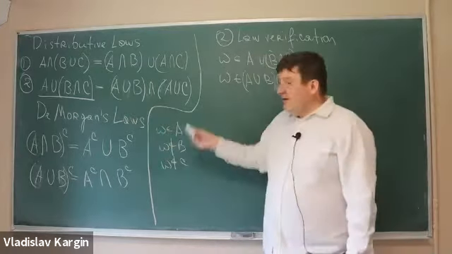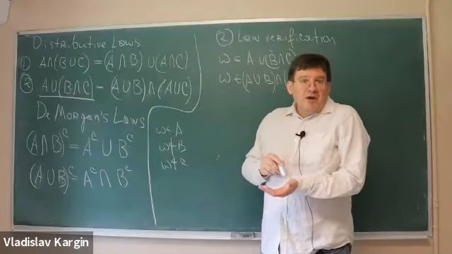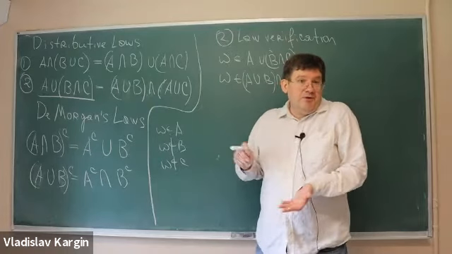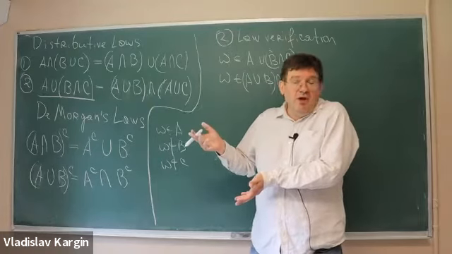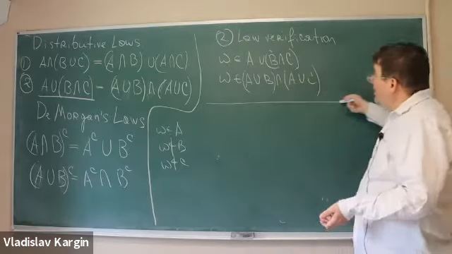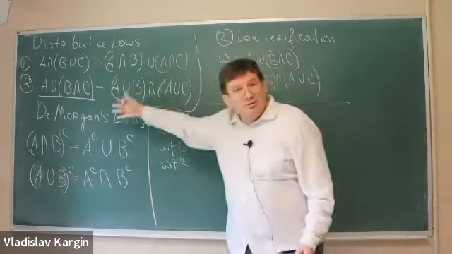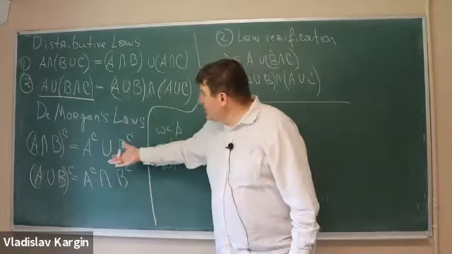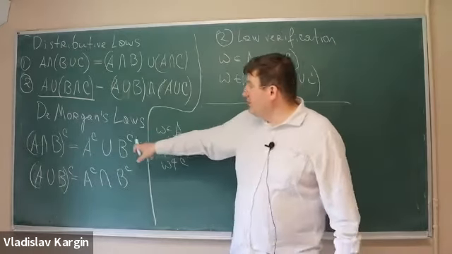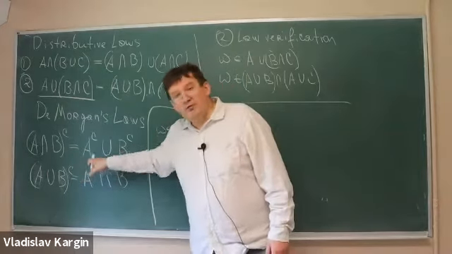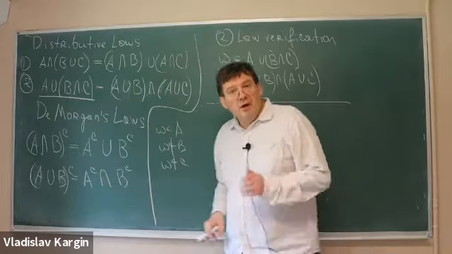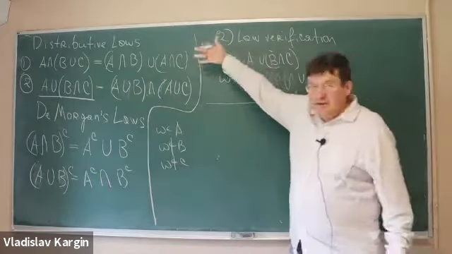After that you sit and check all 8 cases. Every one of these laws can be proved this way. In this particular case maybe 4 cases are enough because there are only 2 sets, and for three sets, 8 cases.